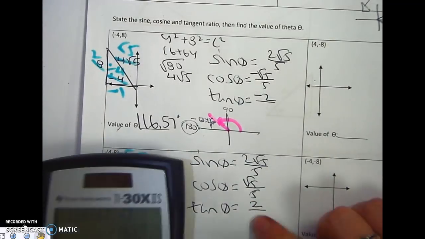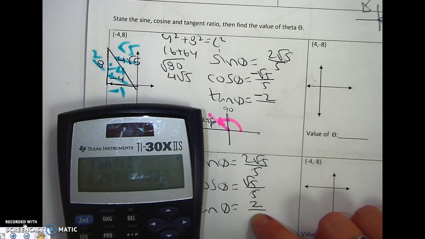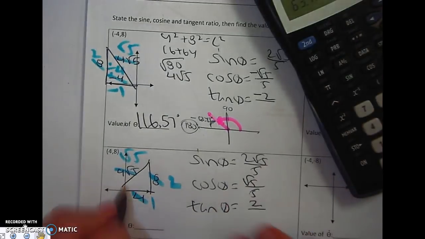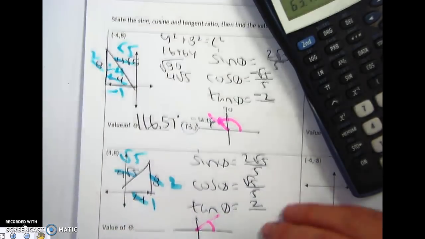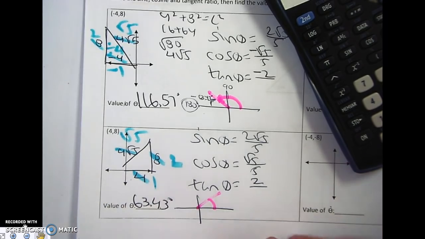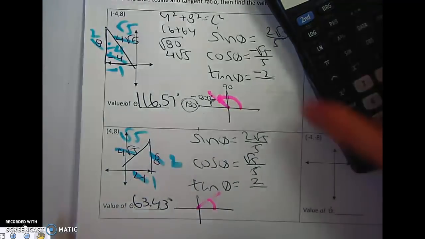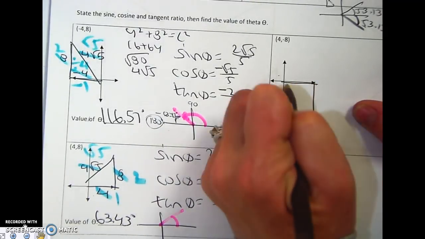So I'll do the inverse tan, because that's a lot easier. And it tells me 63.43. Boom. If you look, it's in the first quadrant, so that gave me the angle right there. 63.43.